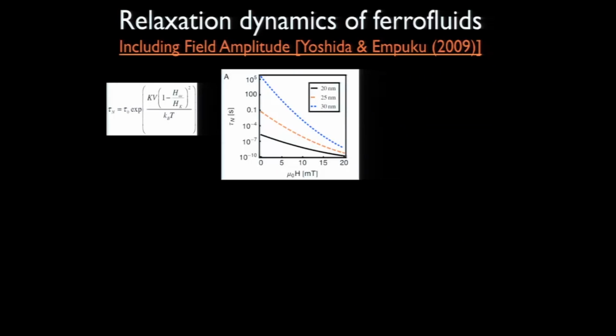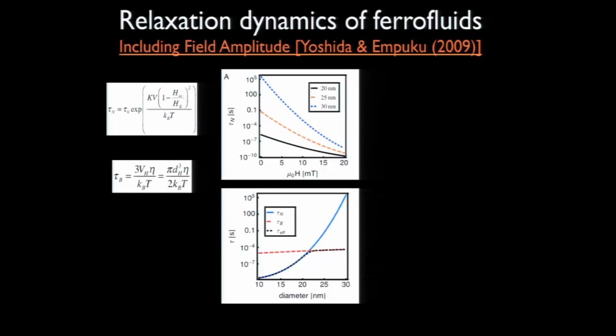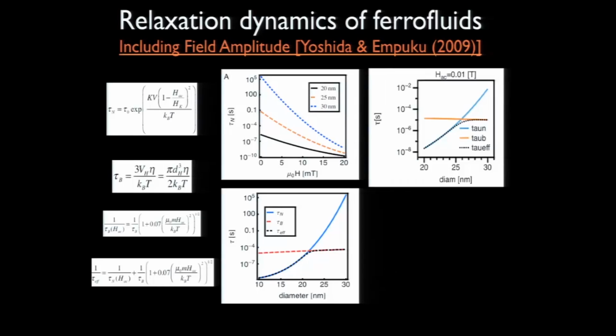If you look at the Néel relaxation time, as you apply the field, the relaxation time becomes much faster, because of the exponential dependence on the field. In the same way for the Brownian, there is a transition which we saw, and if you apply the field amplitude, you can put it in for the Brownian relaxation time as well, and you can see the transition changes as you increase the field amplitude.